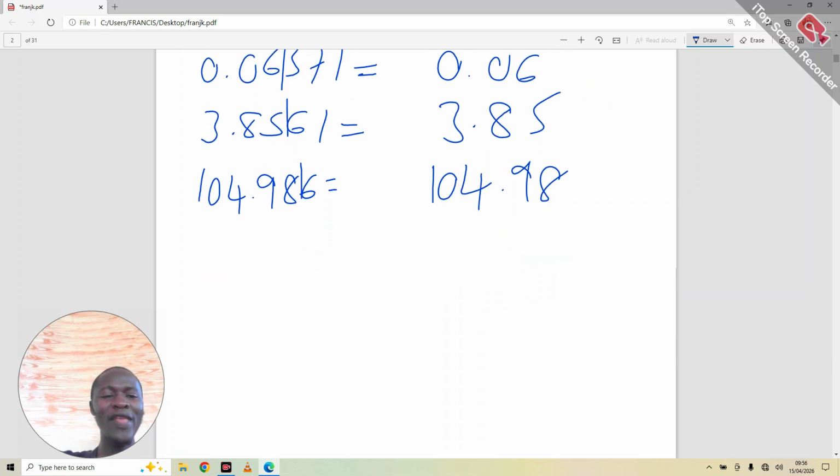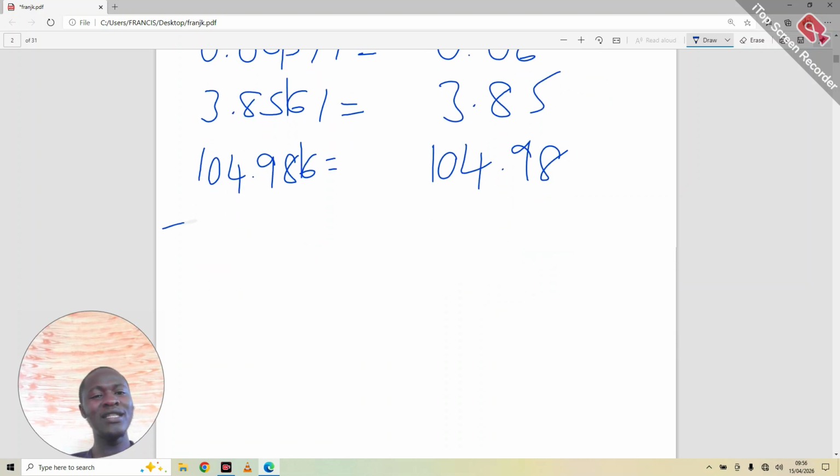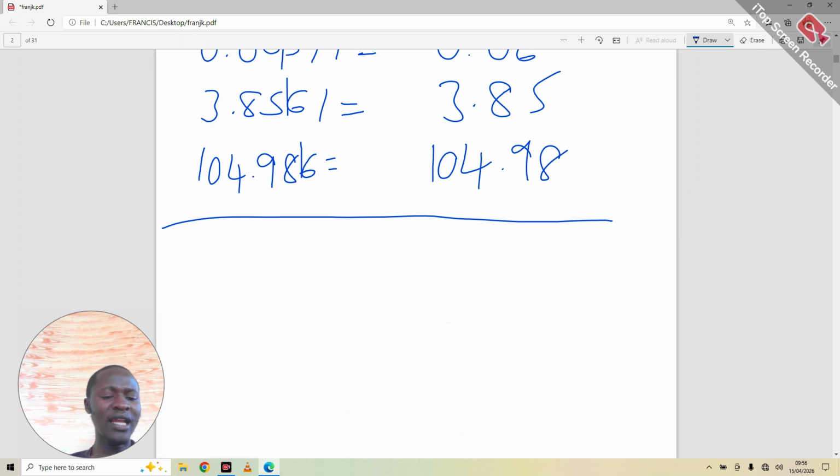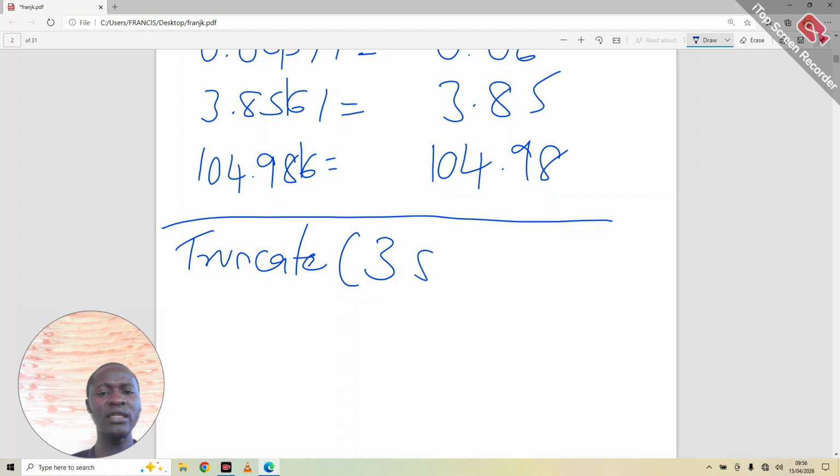Still more examples to go. Truncate the following numbers to 3 significant figures.